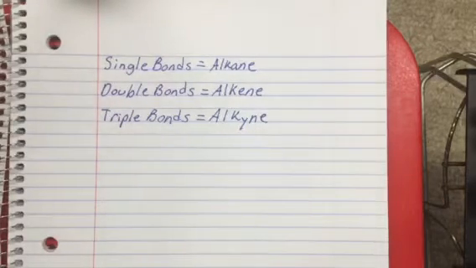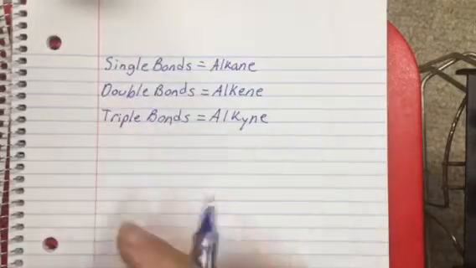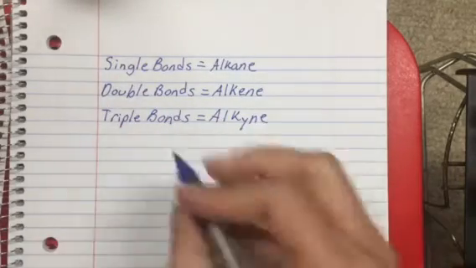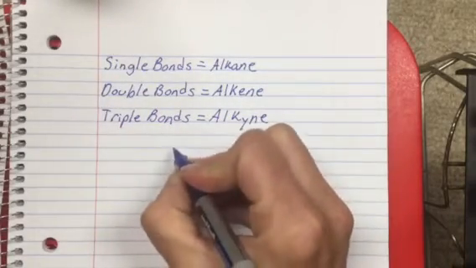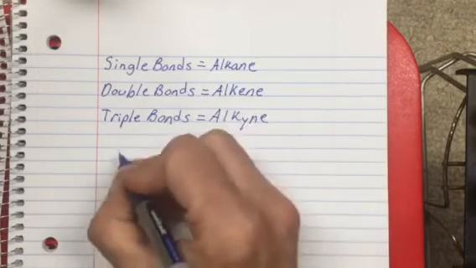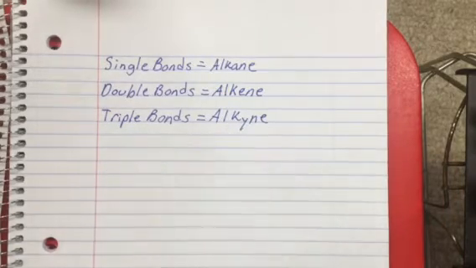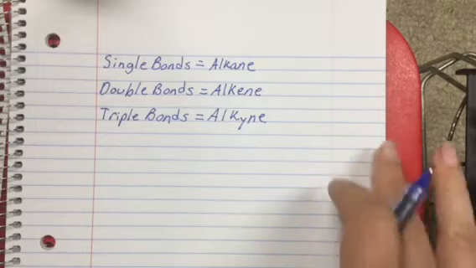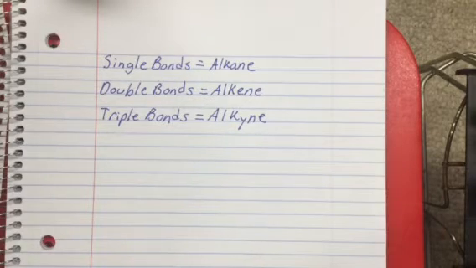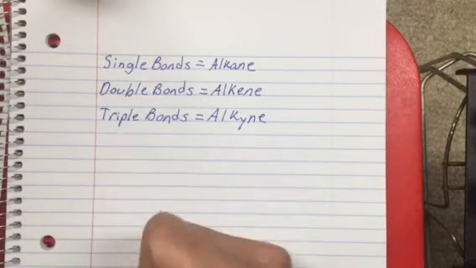Okay, so what you're going to look at is how we name these different straight chain hydrocarbons. So in the classroom, the worksheet that you're to fill out today asks you for the name and the molecular formula for each of our hydrocarbons. And I give you prefixes.